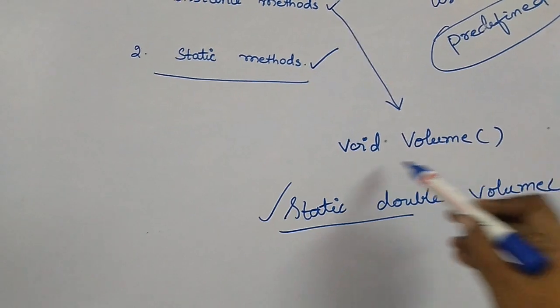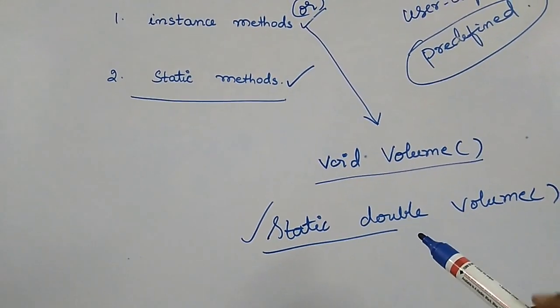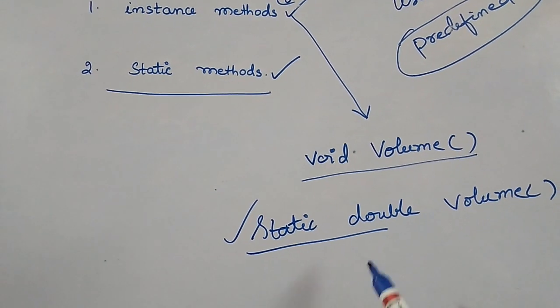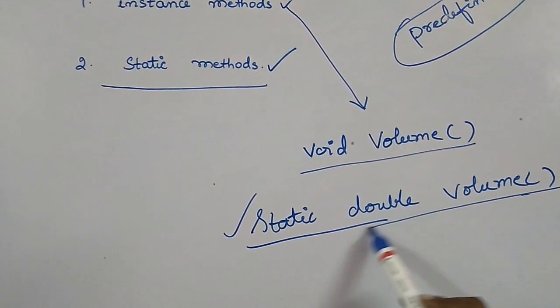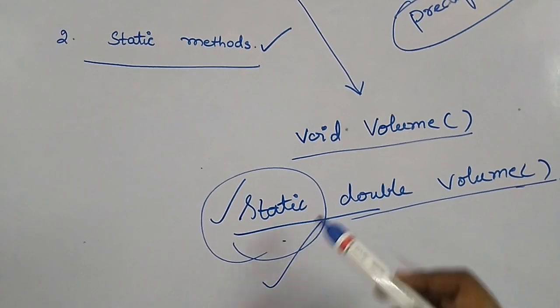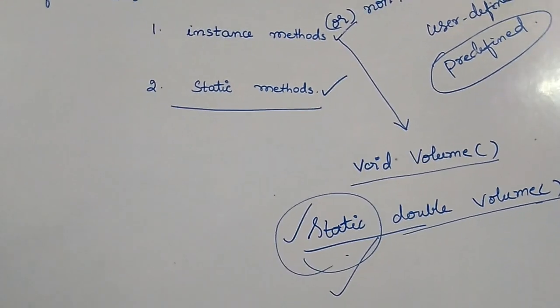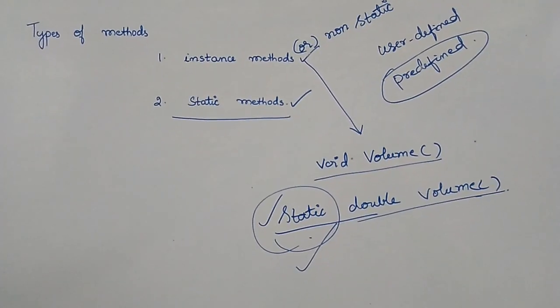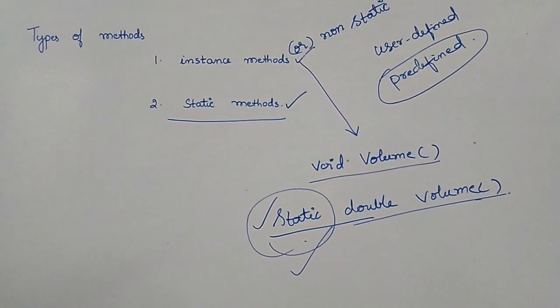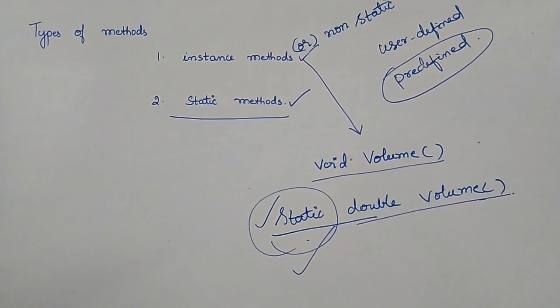So this is an instance method because there is no static keyword prefixed before the method declaration. Because this method is having a static keyword before, this is called a static method. So we'll see the permissions of how to access the instance variables and instance methods in an instance method and static methods, and also vice versa.